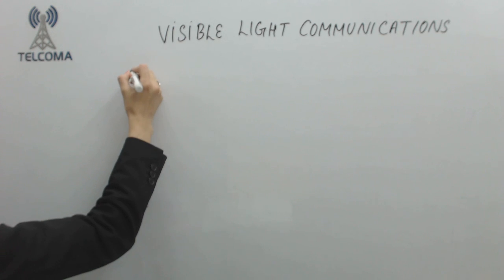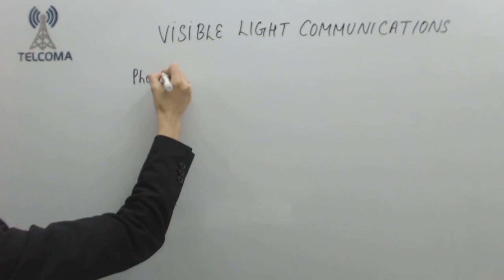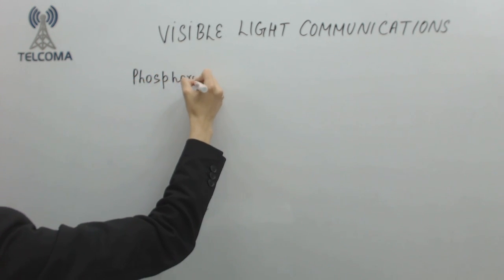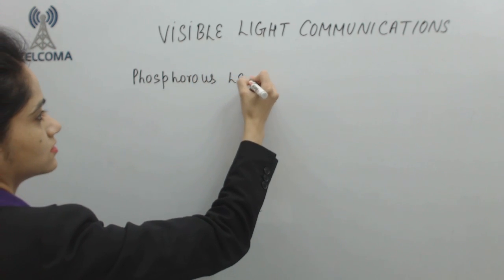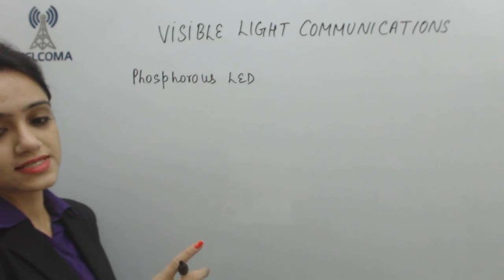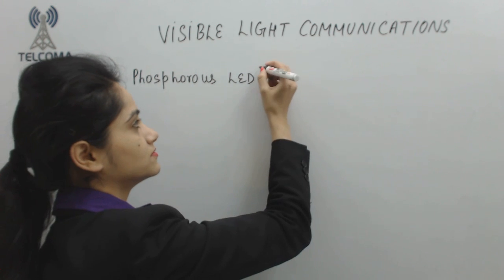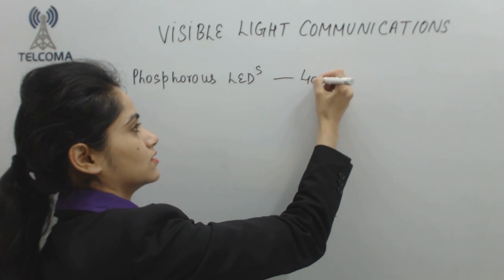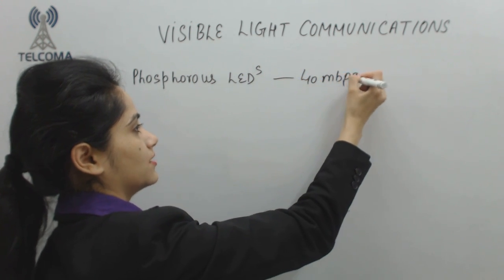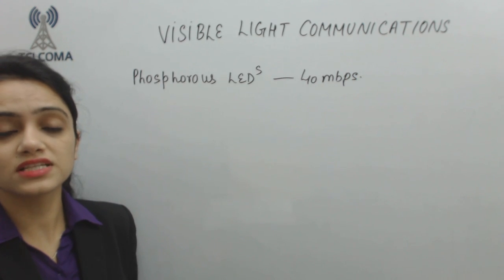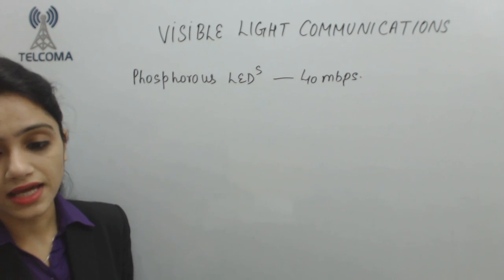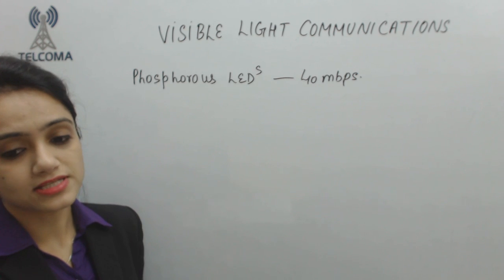As we have LEDs, those are known as phosphorus LEDs. Now these phosphorus LEDs can achieve up to 40 Mbps. That means with the help of these phosphorus LEDs, we can have 40 Mbps speed.